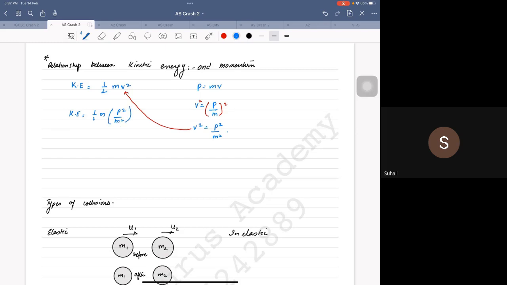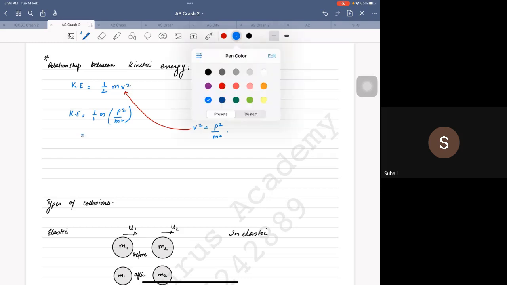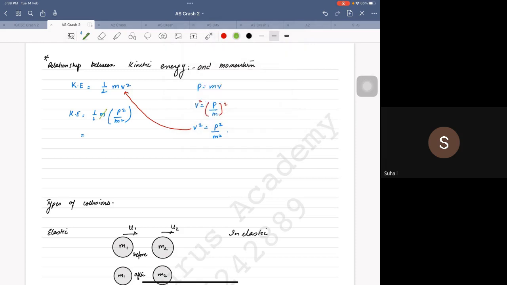One of the m's cancels with the one at the bottom, which makes it equal to p squared over 2m, and that is the kinetic energy equation. Is that clear, everyone? Will you be able to remember this? Very easy, nothing fancy. If you still have any questions, do let me know.